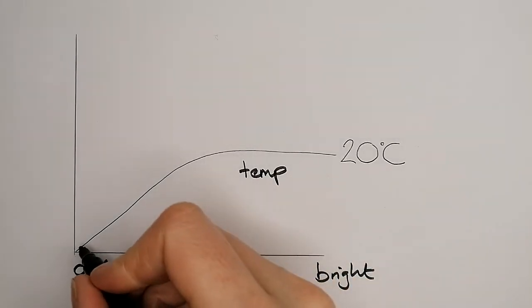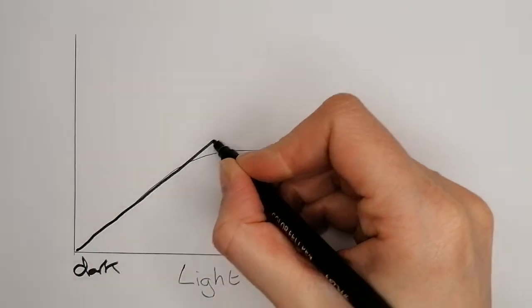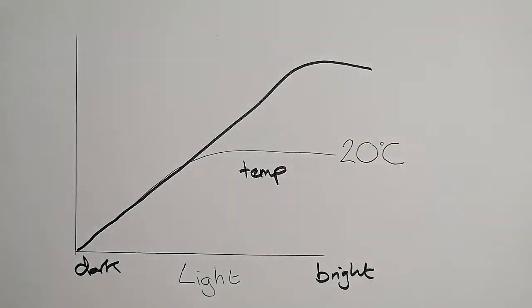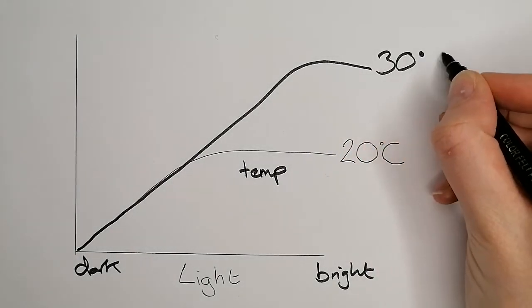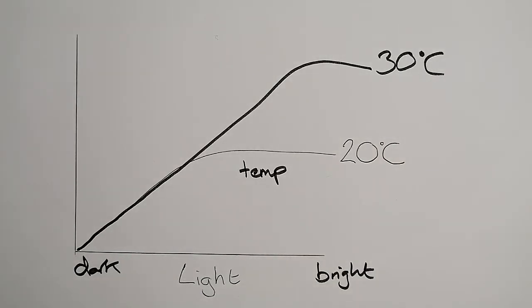It would probably follow exactly the same trajectory. It would go a little bit higher and then it would plateau. So this would be our 30 degrees Celsius curve. Because it had extra kinetic energy, because it was hotter, temperature was not limiting.